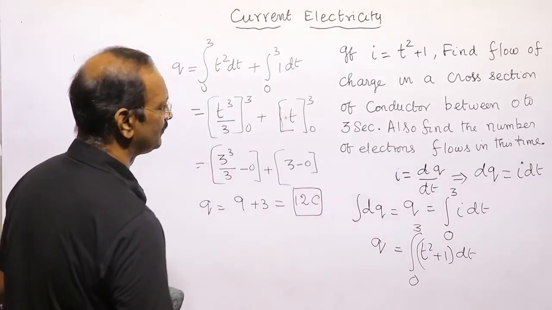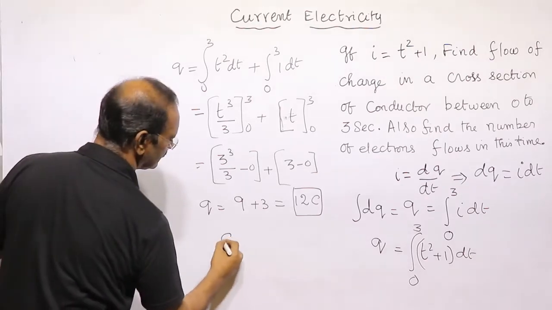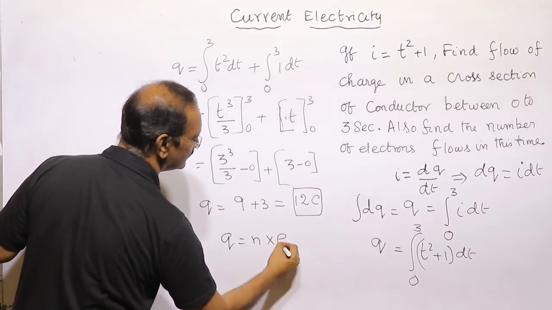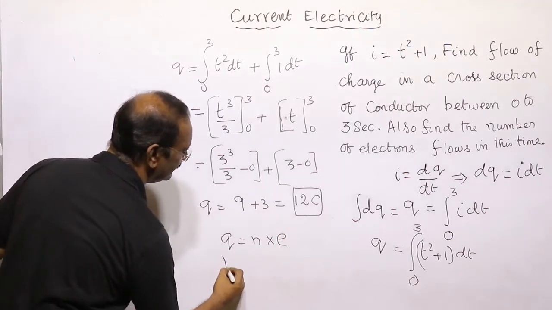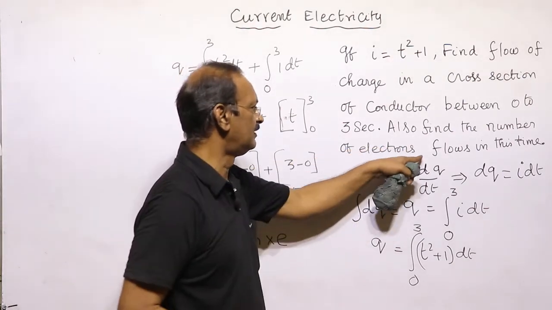Then also find the number of electrons flowing. Since we know charge is equal to number of electrons into the charge on one electron, n is the number of electrons.